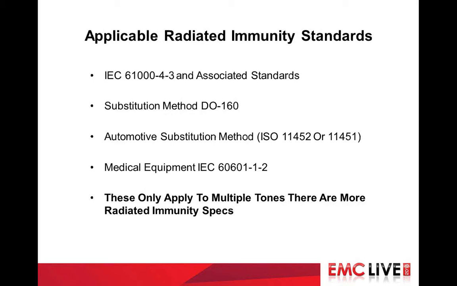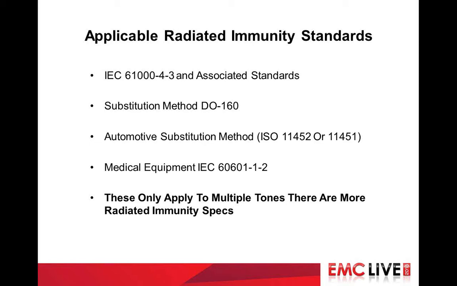Here's a list of some of the radiated immunity standards. IEC 61000-4 applies to the immunity requirements of electrical and electronic equipment to withstand radiated electromagnetic energy fields. Some examples are consumer products or industrial equipment.